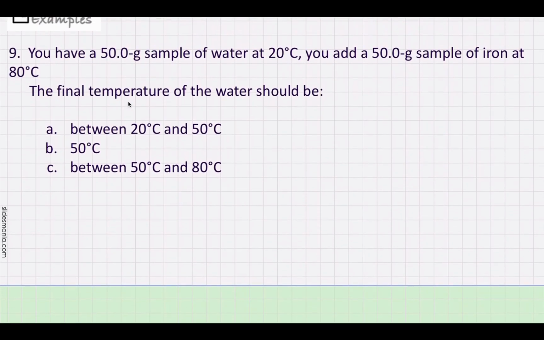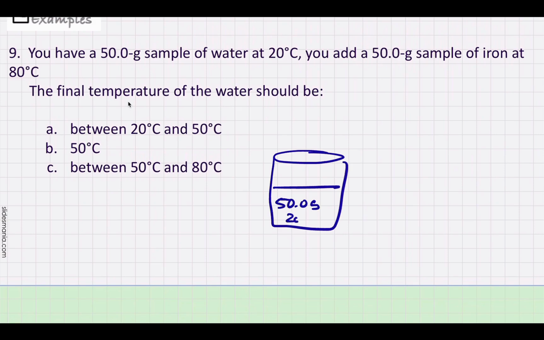This one, you have 50 grams of water at 20, and then you have a 50 gram sample of iron at 80. So they want to know the final temperature of the water.